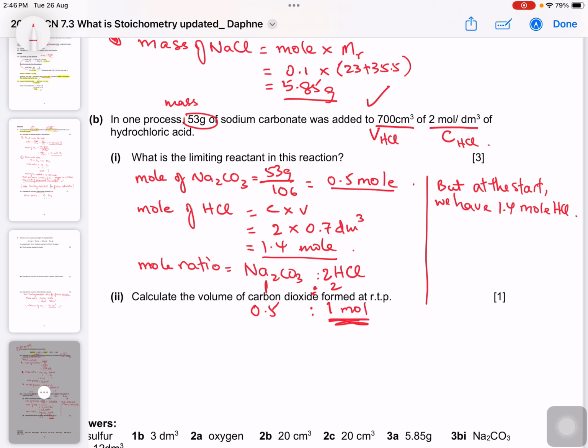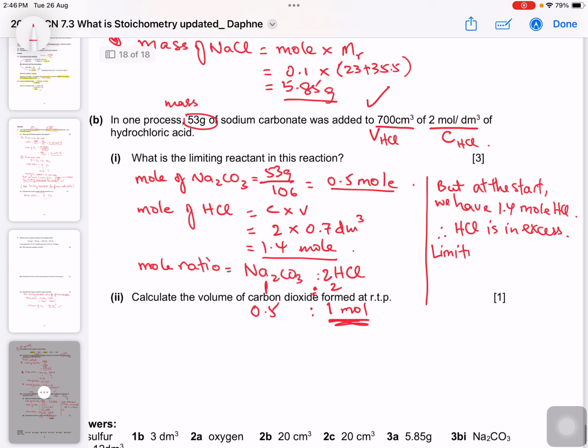Therefore, HCl is in excess. Limiting reactant is Na2CO3. That is our answer for part 2.